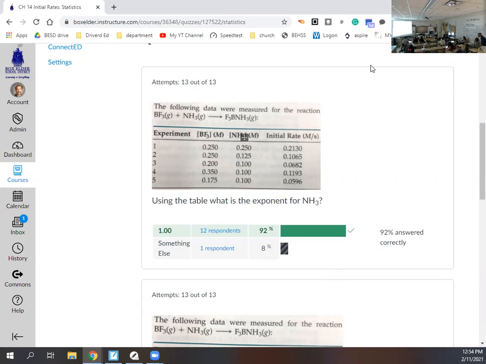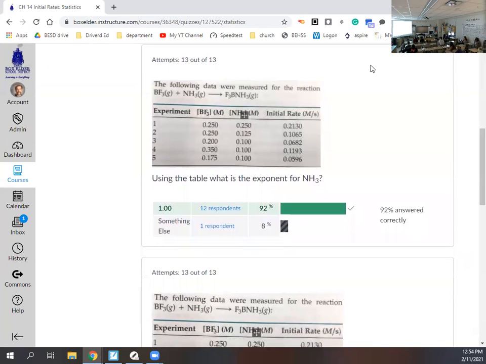I apologize, but I was in a hurry, obviously. All right, so we would look where BF3 is held constant and something is changed for NH3. So when we went from here and up, we doubled and the rate doubled. So that would indicate that it was raised to the first power. The exponent that keeps the variable the same is a 1.